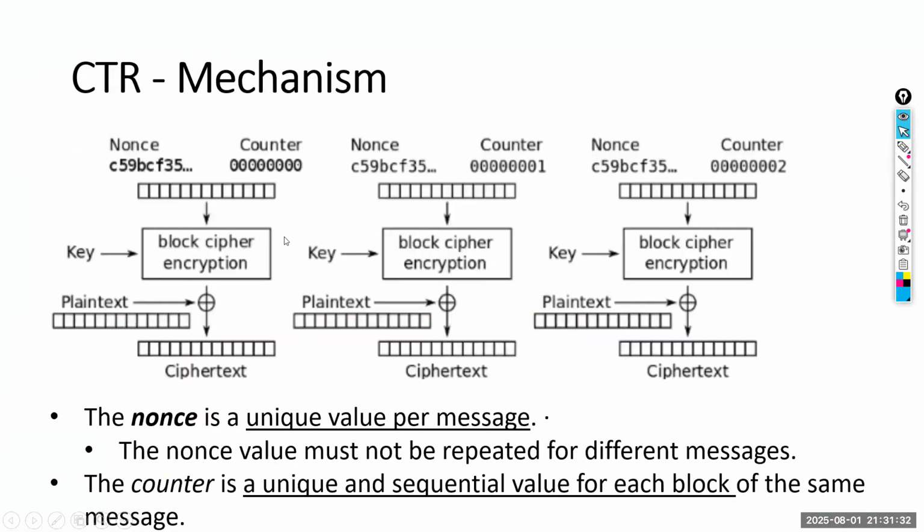Again, you don't need to memorize the exact mechanism, but it's given in your UCSC note. Examiners have not asked you to draw these things, but just remember some features. In counter mode, we use something known as a nonce, which is a sort of constant value.